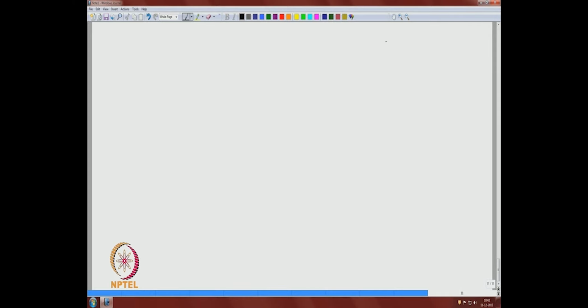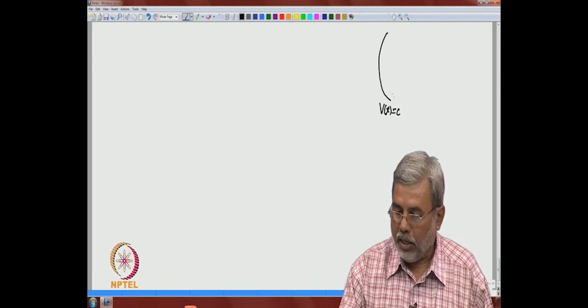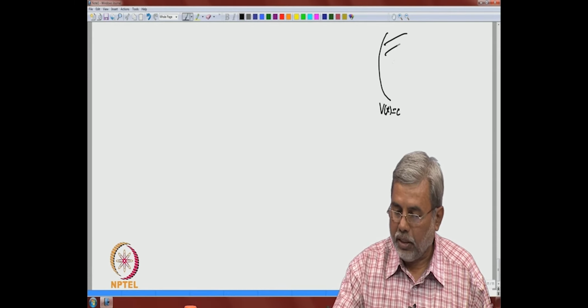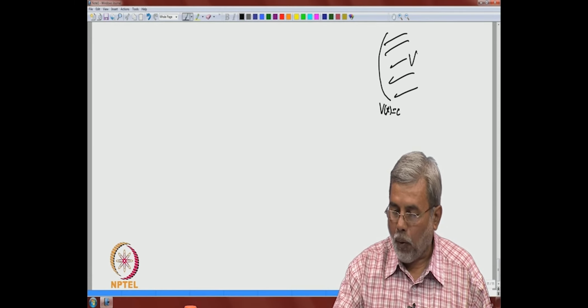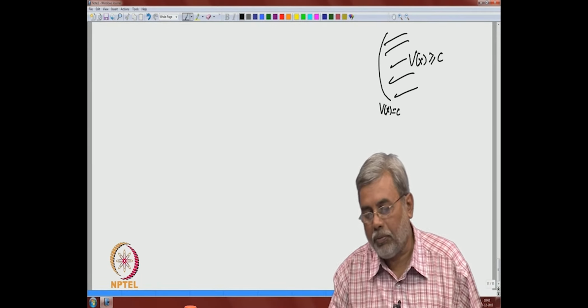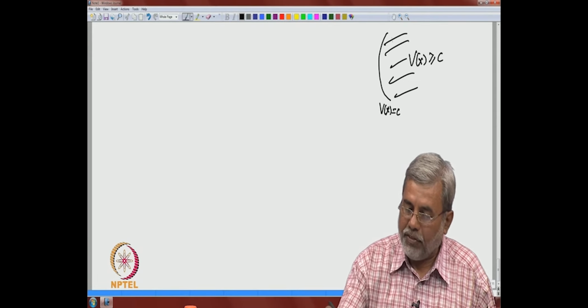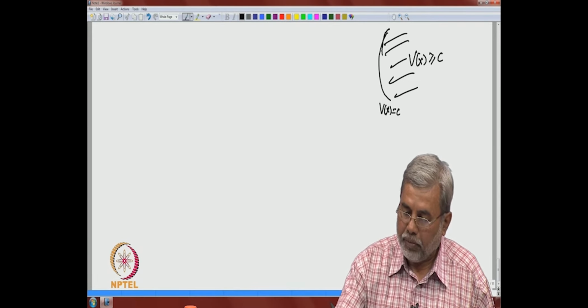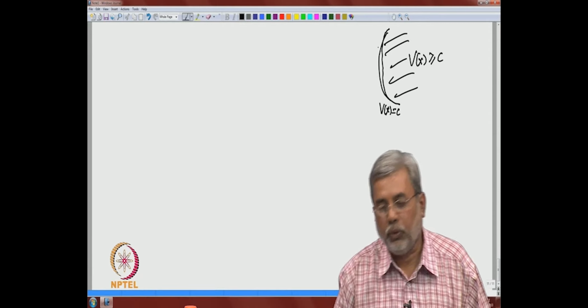So, this is V of x equal to c, and I want to remain, so this is just V of x bigger than or equal to c. So, that is the region and part of omega. Okay, everything is part of omega. So, the orbit is confined to this region now, and that is what that estimate shows.